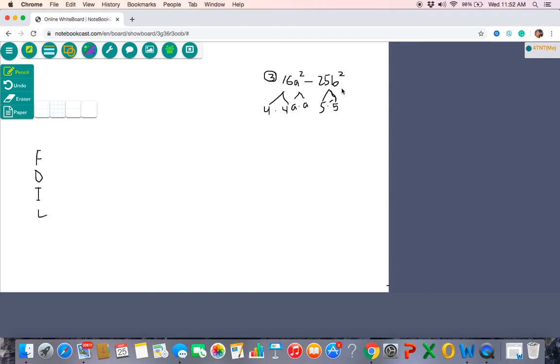And then b squared is just b times b. Okay, so that's done. You can see what's happening here. It's kind of the same process. We know it's a binomial times a binomial.